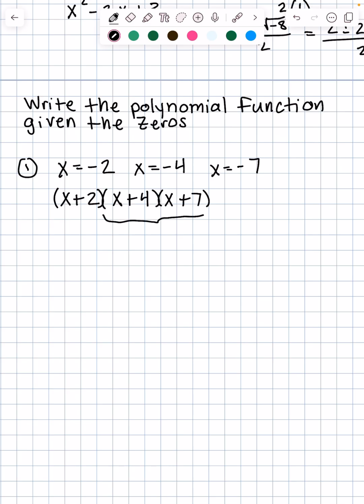So this is FOILing. We still have this x plus 2 out in front, but when we multiply x plus 4 times x plus 7, we get x squared plus 7x plus 4x plus 28, okay? And then I can combine these like terms in the middle.